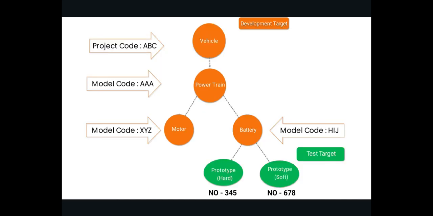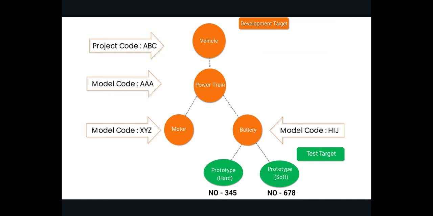It can also represent system relationships. We develop a powertrain for EV. Project code is ABC. And powertrain model code is AAA. The model code of the motor, which is a subsystem, is XYZ.